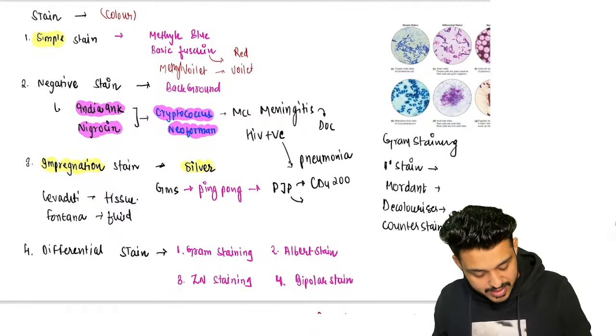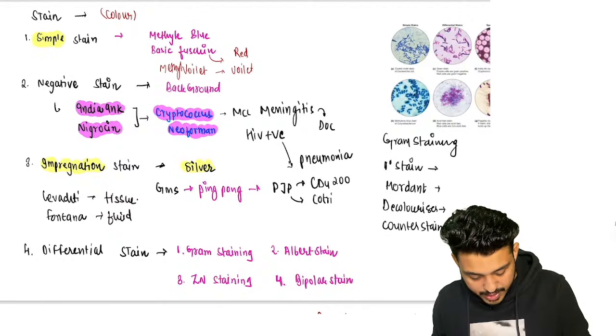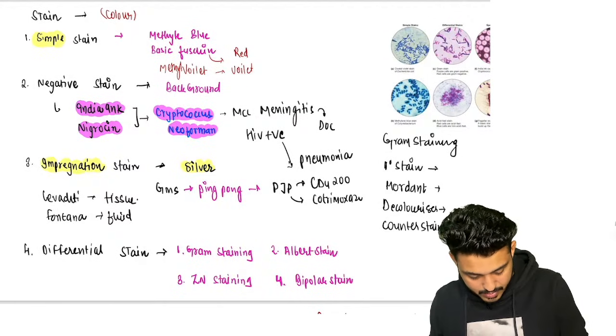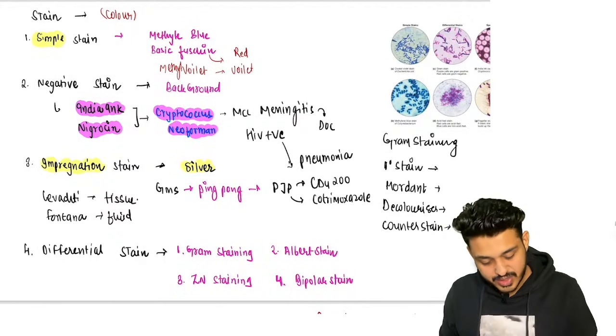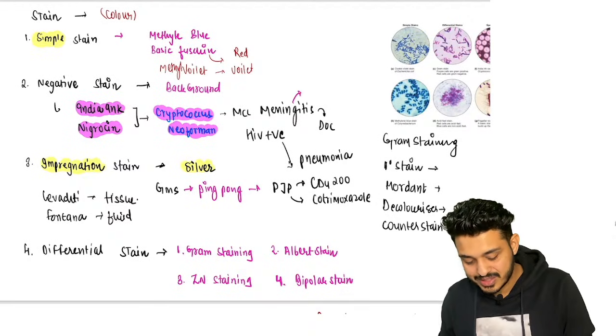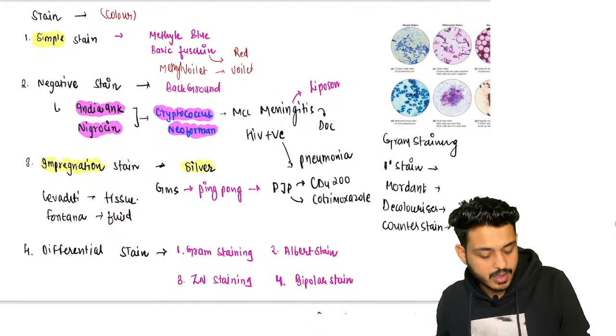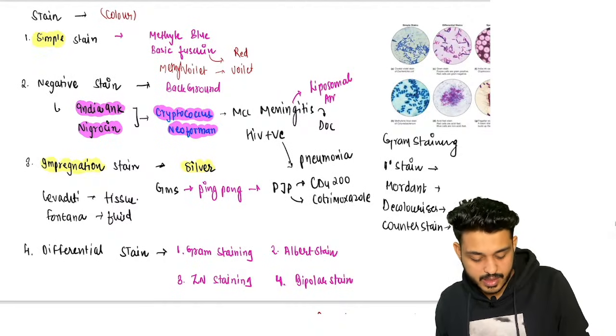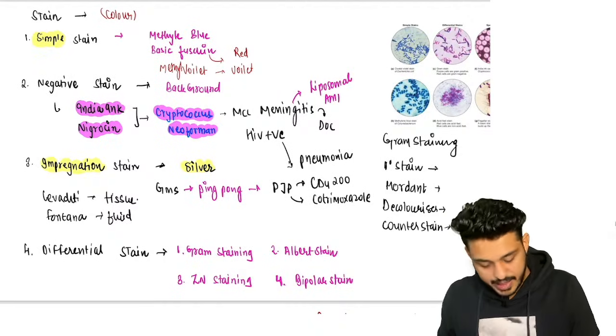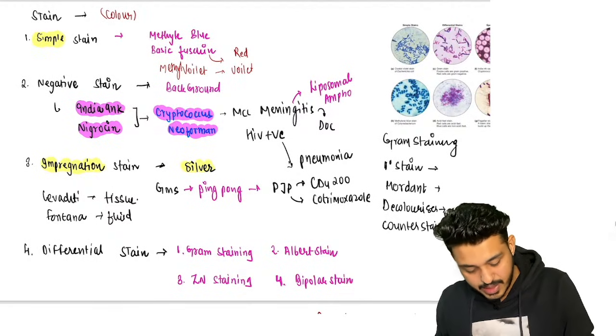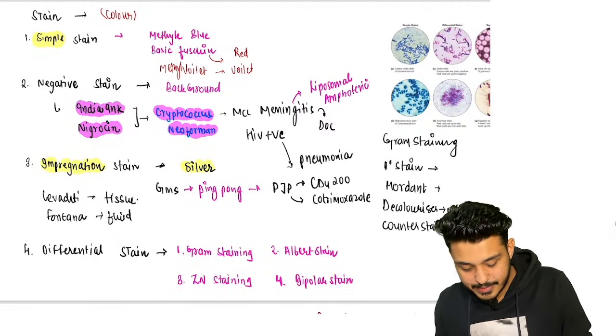And the drug of choice for this particular thing is going to be what? Cotrimoxazole. Cotrimoxazole is the drug of choice. For Cryptococcus neoformans, we can use liposomal amphotericin B. Along with that, we can also use flucytosine.